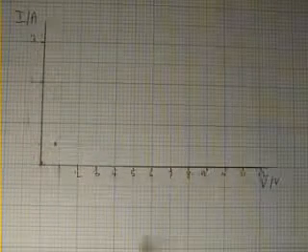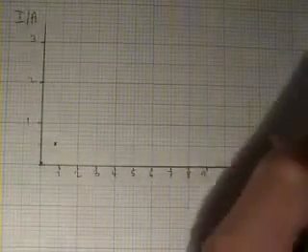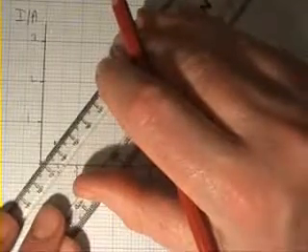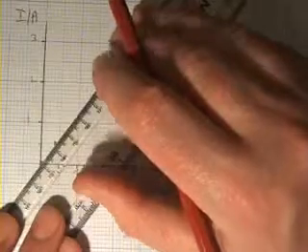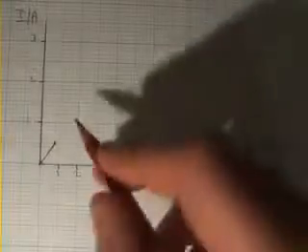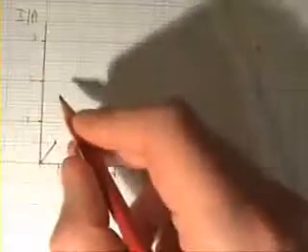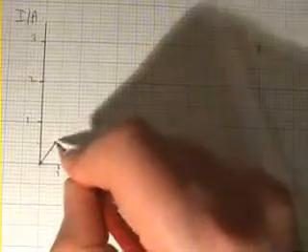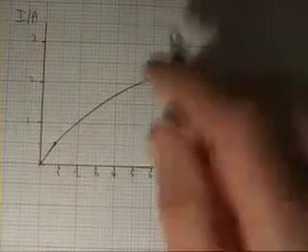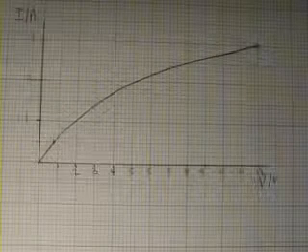So the graph is a straight line up to there, and then the only other point we know is that when the voltage is 12 volts, the current is 3 amps. So we can use a ruler for the first part. Straight line there, and then the graph curves to finish up at that point. So we do our best shot at a nice smooth curve coming round to that point. So there we are.